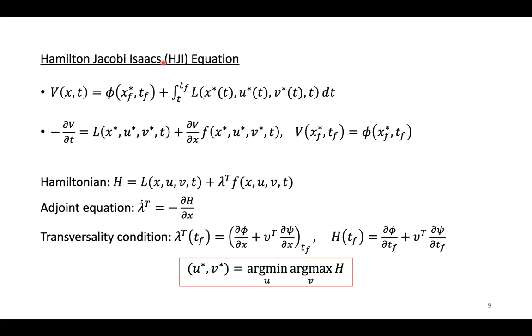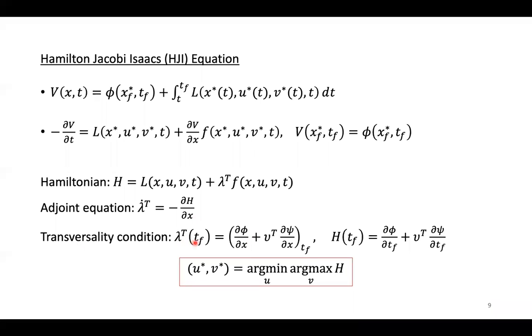So you have this. Again, you can define what is the Hamiltonian in this situation, which is L plus lambda transpose times f, which is the dynamics. And you can obtain the adjoint equation for this lambda, which is lambda dot transpose is equal to minus the partial of H with regards to x. And the transversality conditions will follow again.